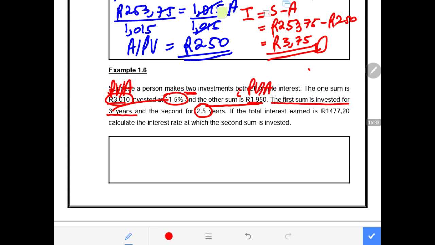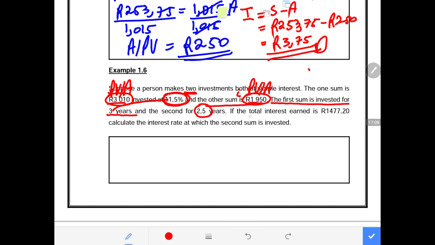Now remember, when it says this person had two investments, it does not mean that they were invested in the same company. That is why they are likely not to earn the same interest rate. One might be invested in one company, another invested in another company at different interest rates. So we're still concerned about the interest rate that was earned on the second investment. But further information is telling us that the total interest earned is 1,477 rand 20 cents.